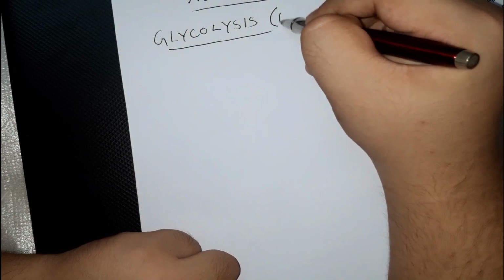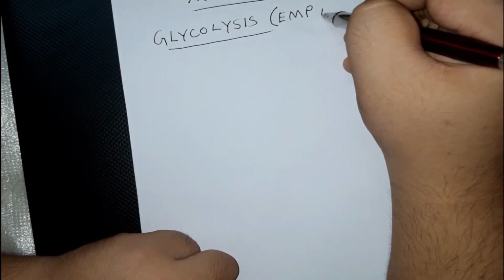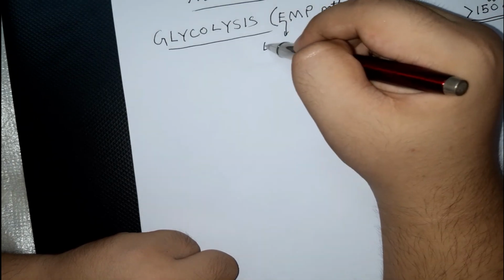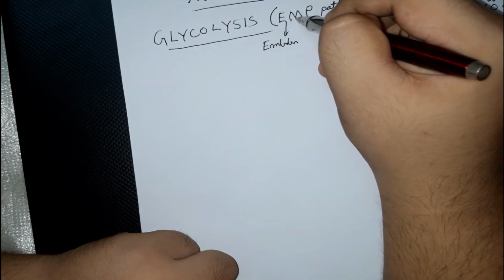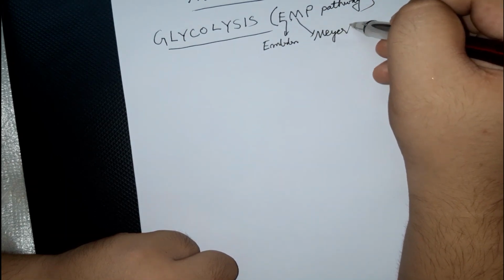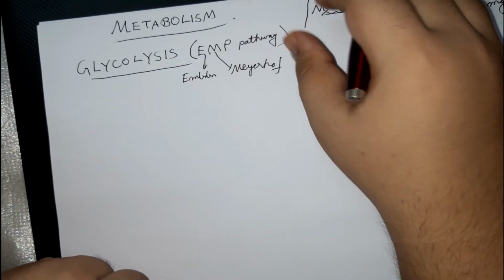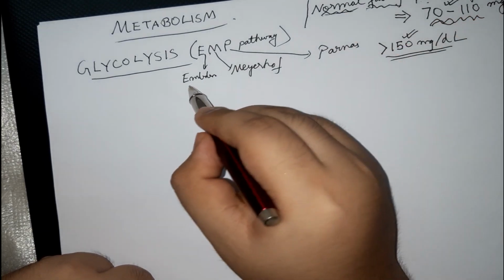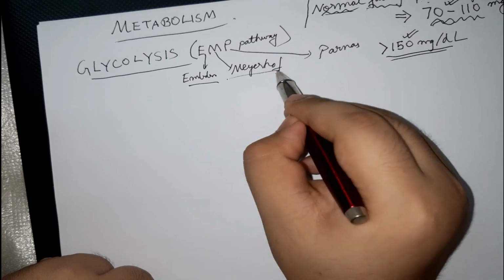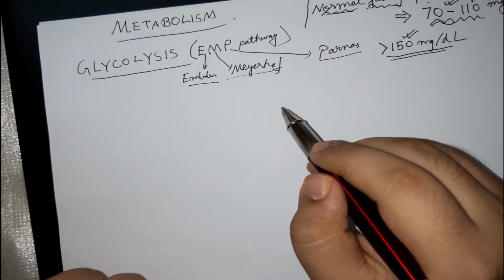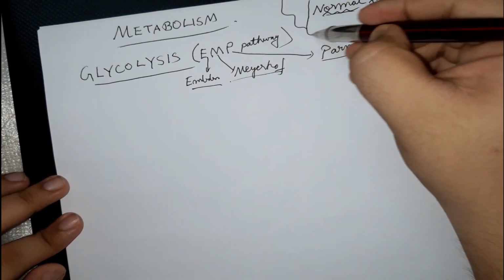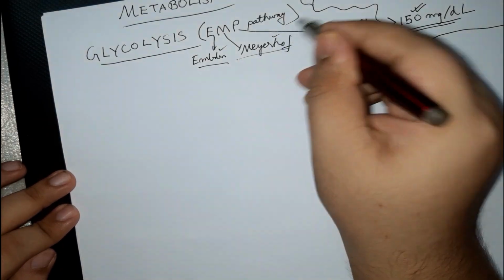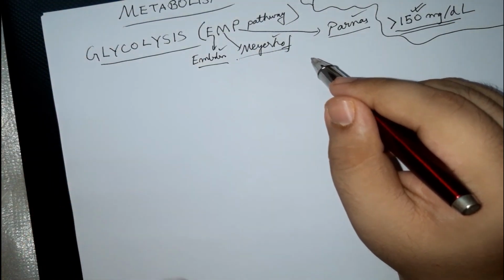It's also known as the EMP pathway, EMP standing for Embden, Meyerhof, and P for Parnas. So Embden-Meyerhof-Parnas pathway. These are the names of the scientists who actually deduced the steps of glycolysis.